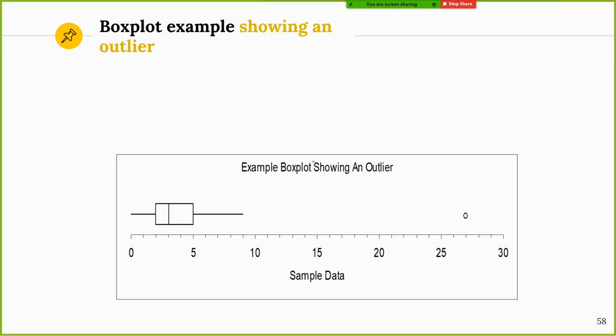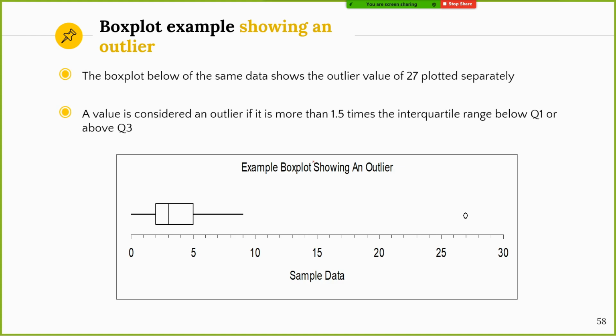This is the example of the box plot showing outliers. The box plot below is the same data, so the outlier value is 27, right? This is our outlier.